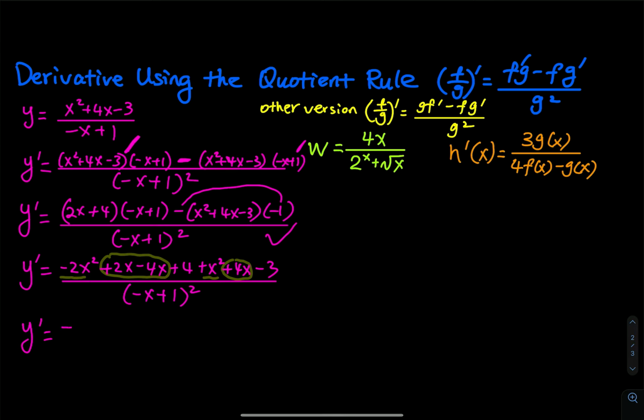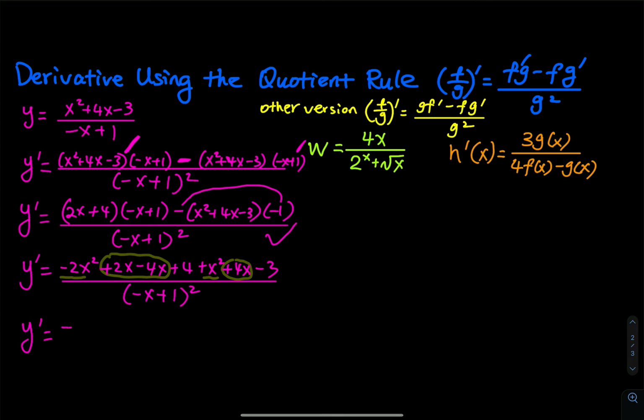We only have a 2x left. And then 4 minus 3 is equal to 1, and then divided by negative x plus 1 squared. So this is the fully simplified version. But again, I prefer to leave the answer like this, because this is about the quotient rule, not about expanding factors.